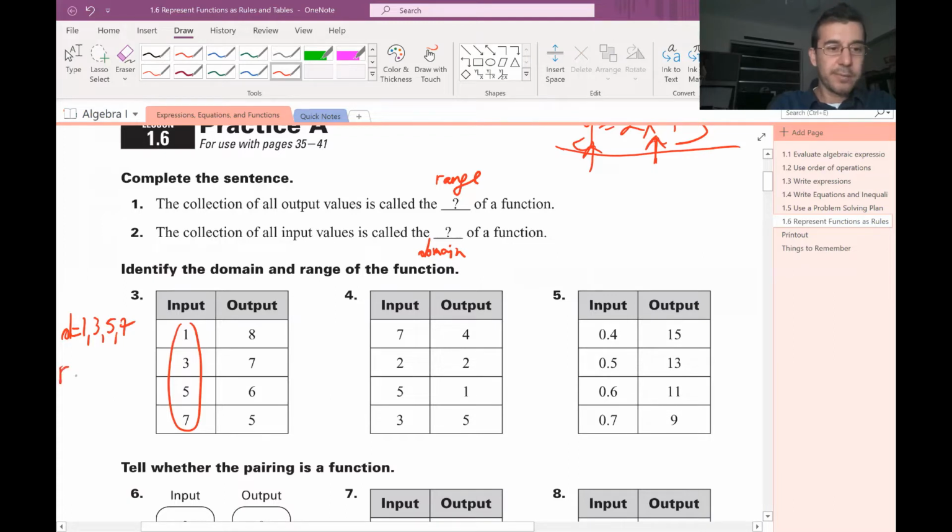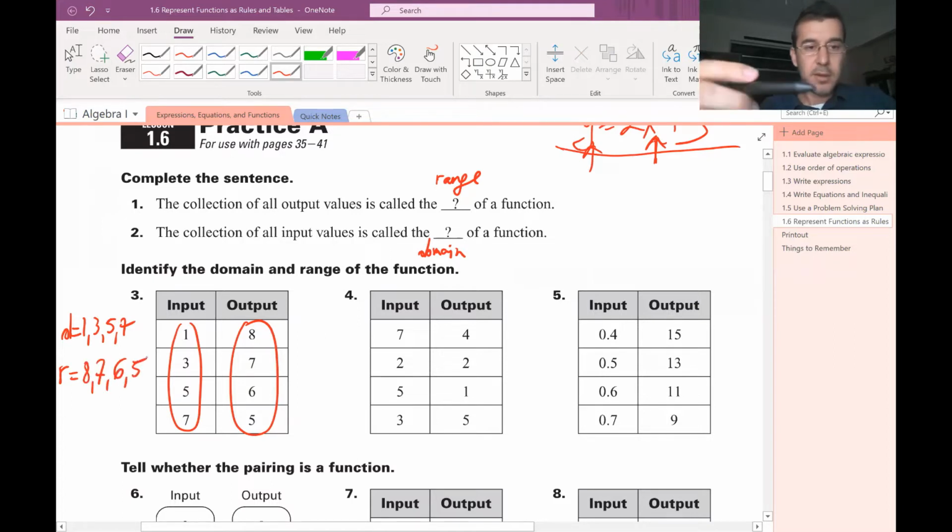Range, or R as a shortcut, is a collection of all the outputs. So it's 8, 7, 6, and 5. For number 4, the domain is 7, 2, 5, and 3. The range is 4, 2, 1, and 5.